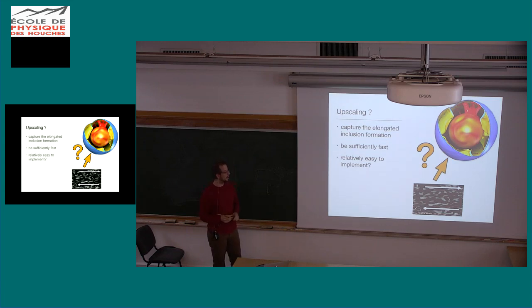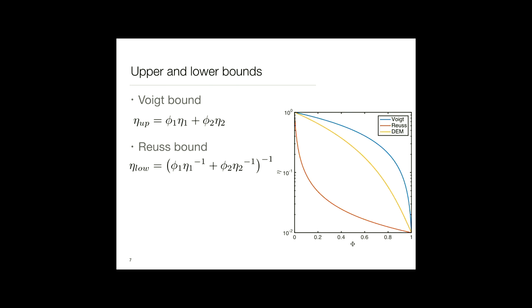They already take quite a while. And it would also be nice if it's relatively easy to implement, because then the work to be done is not that much, and you don't have, for example, to change your whole code, but you can just add this little module. So that would be nice. So those are the goals.